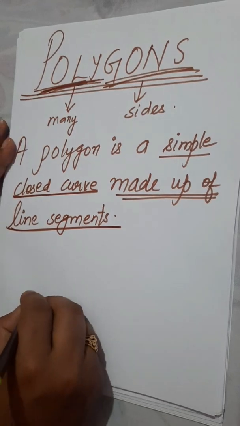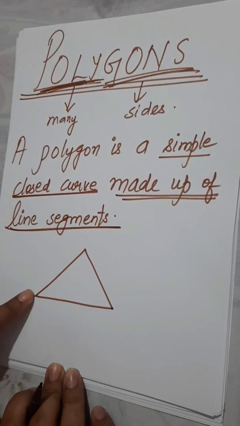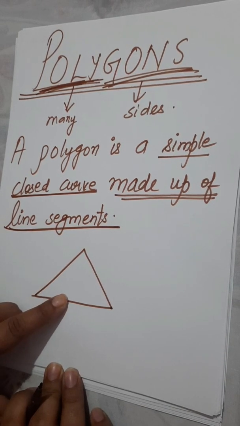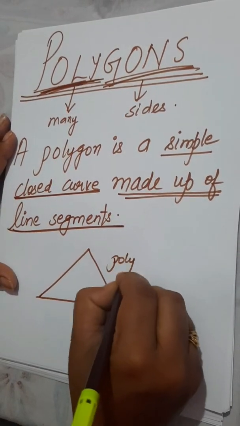So if I draw a triangle like this, it is a closed curve and it is made up of line segments, so this is an example of a polygon.